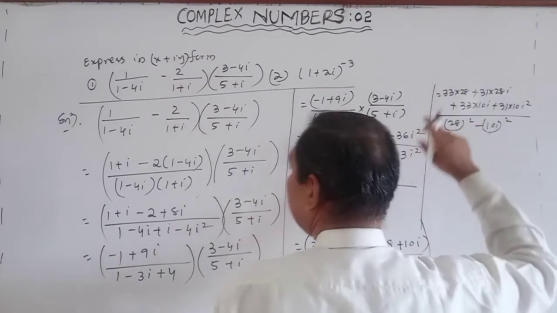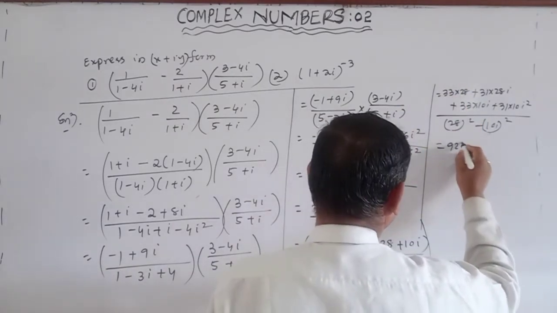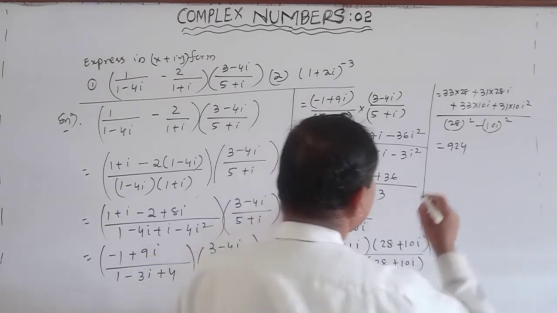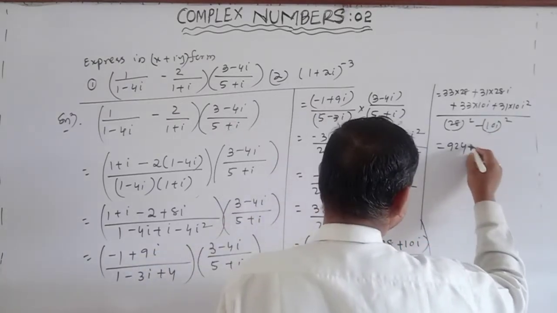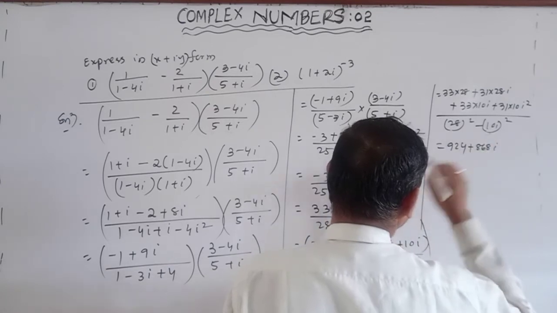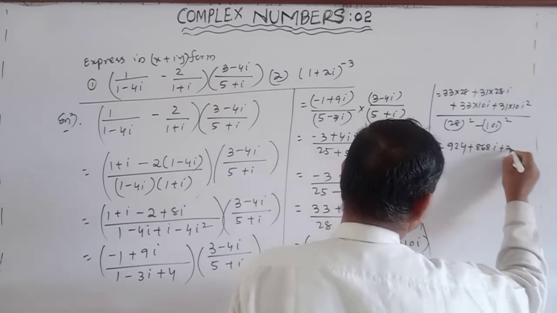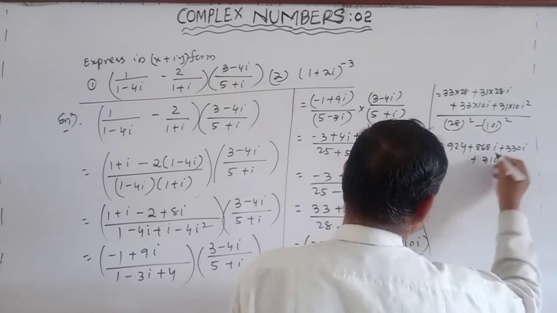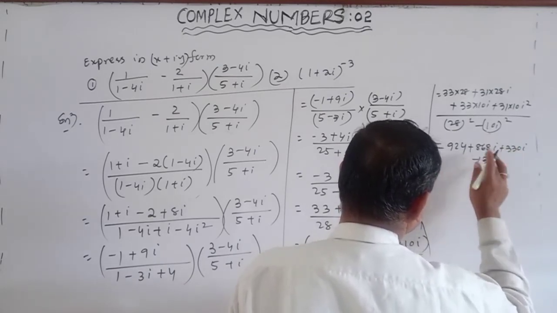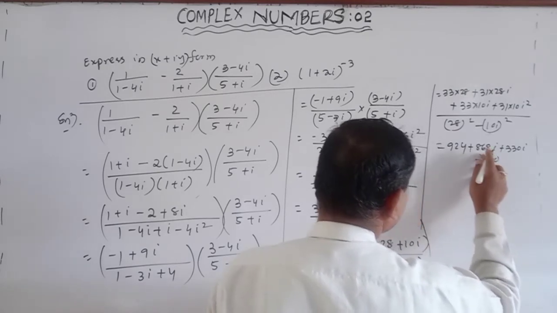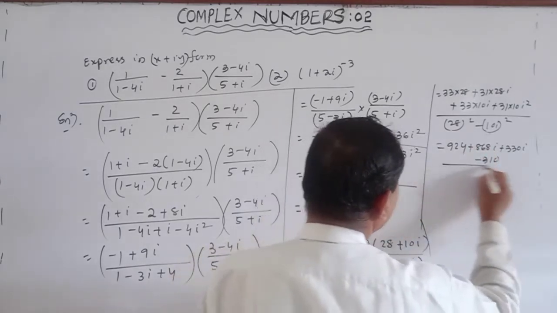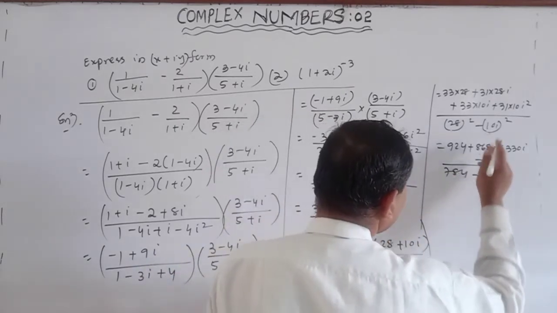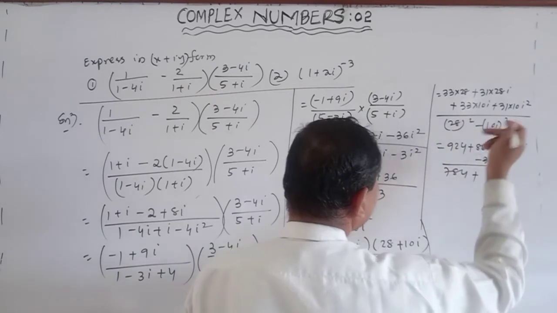So 33 into 28 means 924, next 31 into 28 means 868i, plus 330i, plus 310i square, which means minus 310, divided by 28 square, which is 784, plus 100 because i square is minus 1.